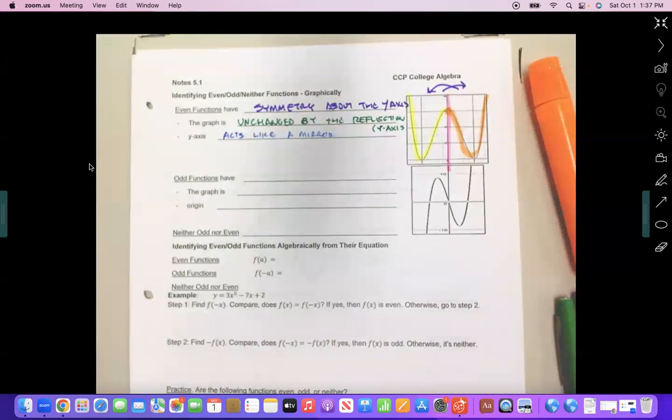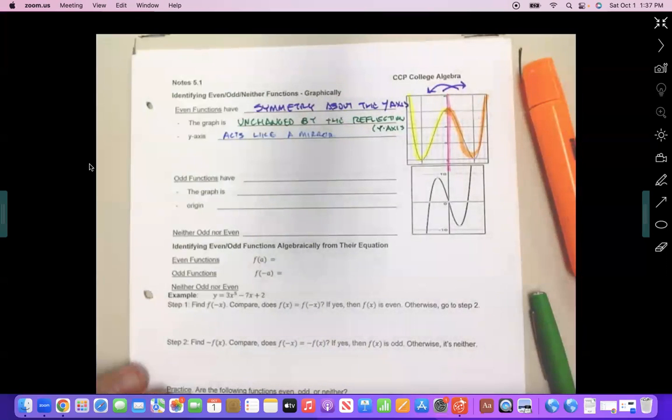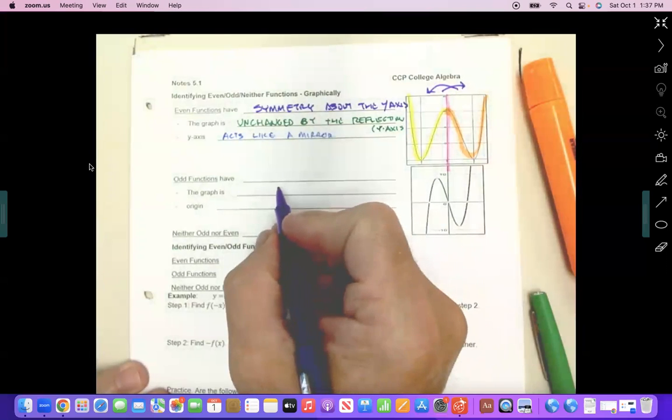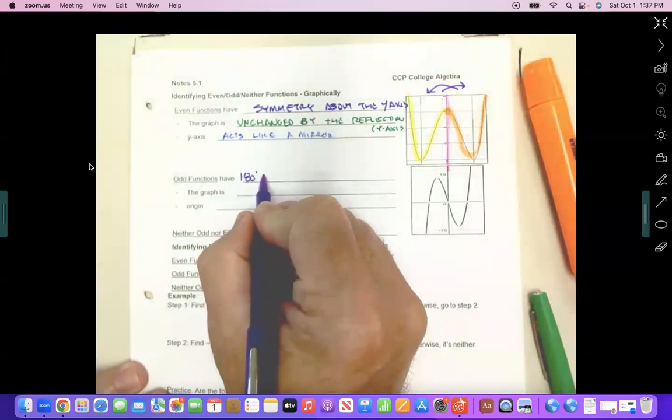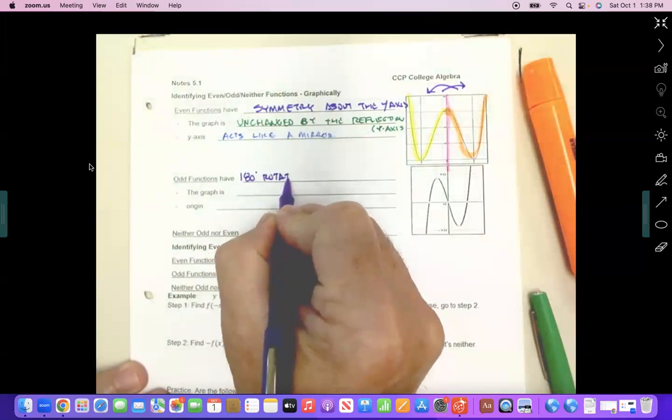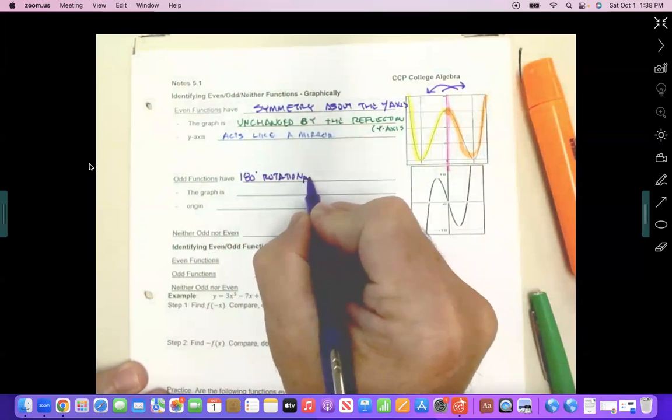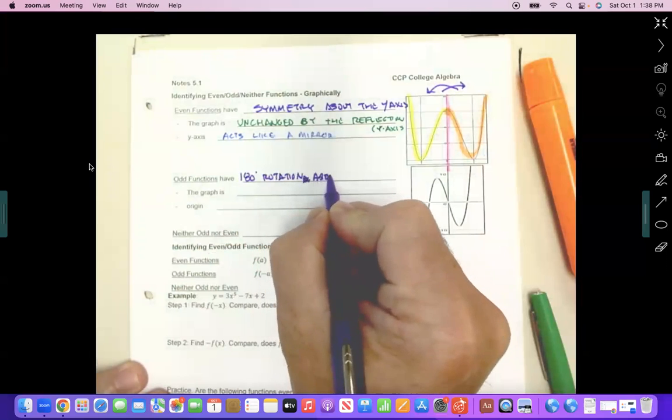When we talk about a function that is odd, this time we make note that this is going to have a 180-degree rotation about the origin.